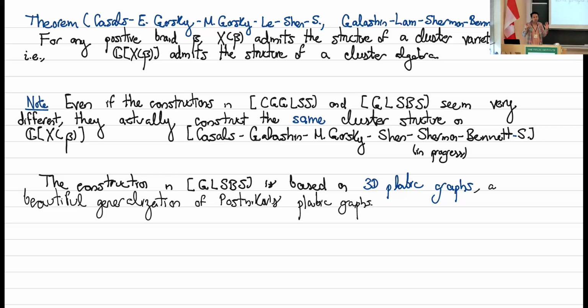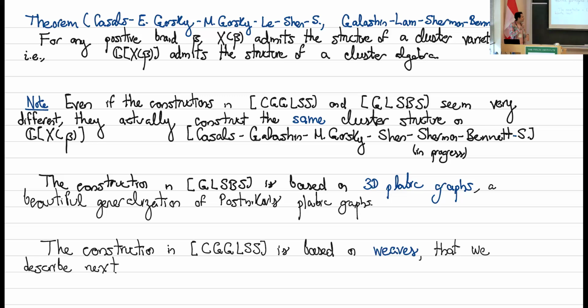So they're still sort of planar. Okay. Our construction is based on something completely different that we call weaves, and that's what I want to describe next. So weaves are going to give you cluster tori, and it's hard then to show that they are cluster tori, but I want to tell you how you get these tori. Are there any questions?